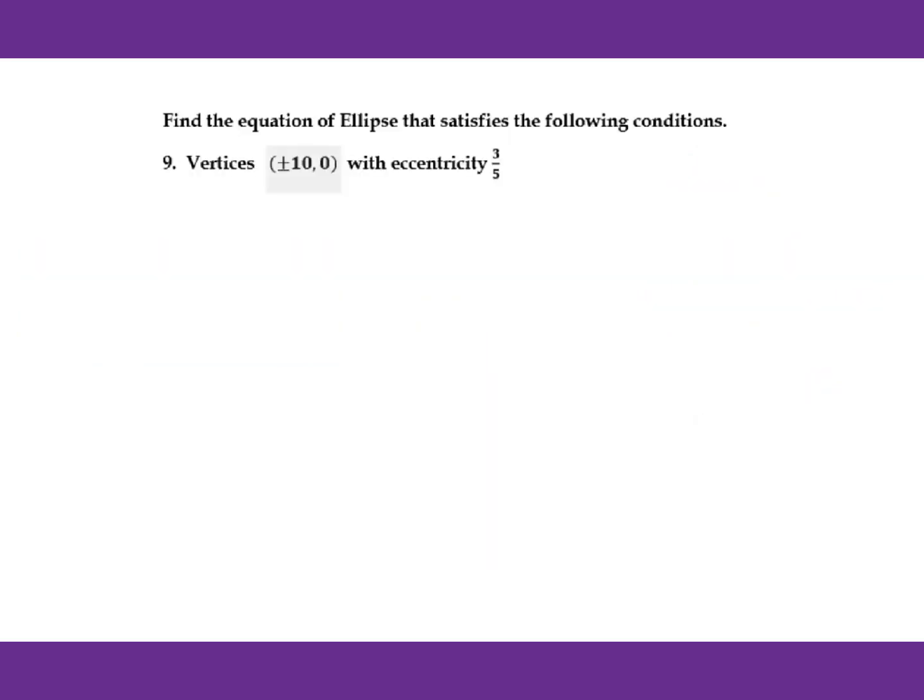For number 9, we still need to write down the equation of the ellipse. For number 9, we know the vertices are (plus or minus 10, 0), with the eccentricity. Eccentricity means e equals c over a. So we got 3 over 5.